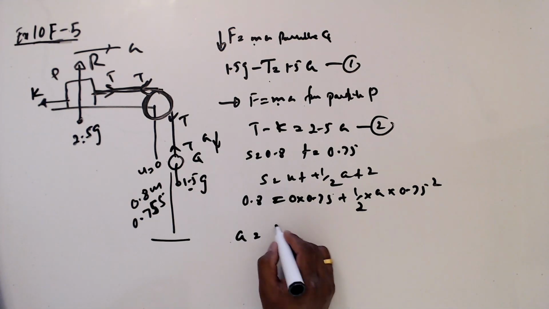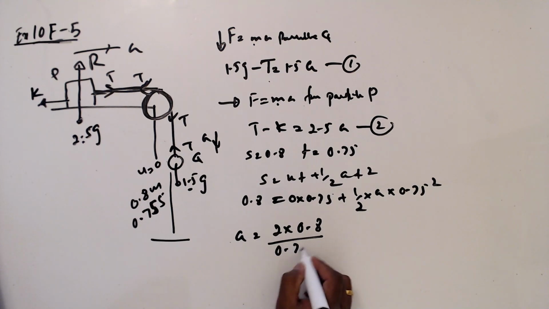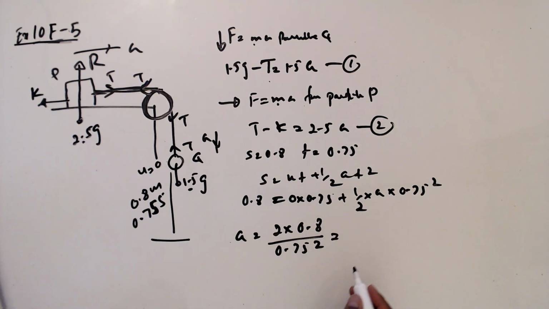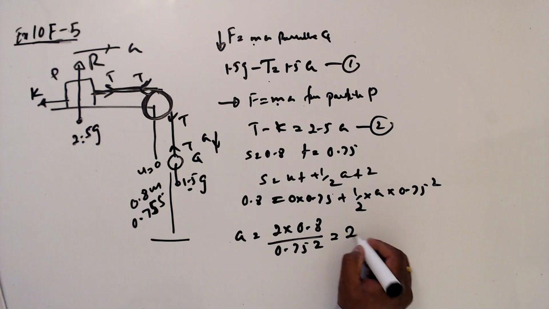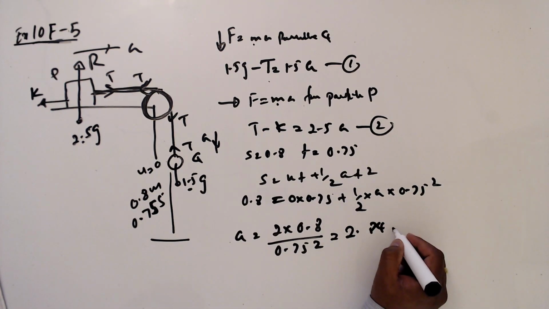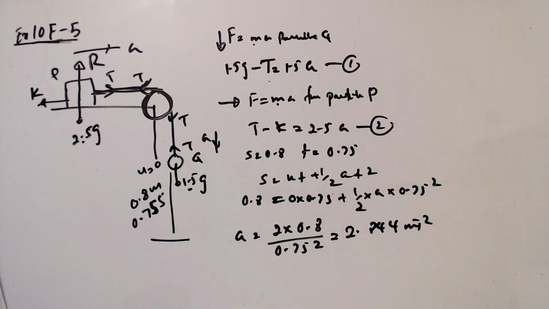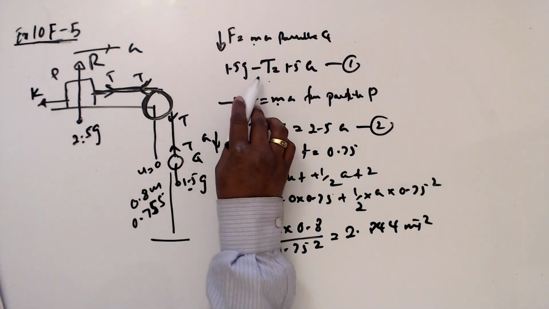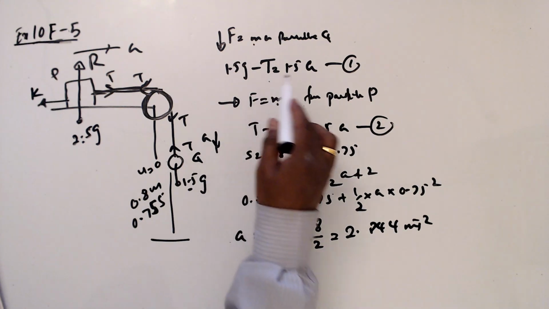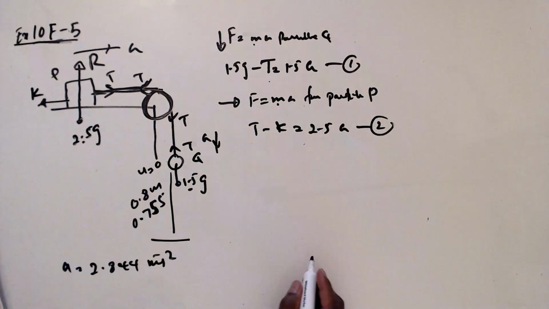So a equals 2 times 0.8 divided by 0.75 squared. That is going to be 2.844 m/s squared. Now when we substitute the a value, we can find tension, and with tension and a we can find k. That's the standard sum.